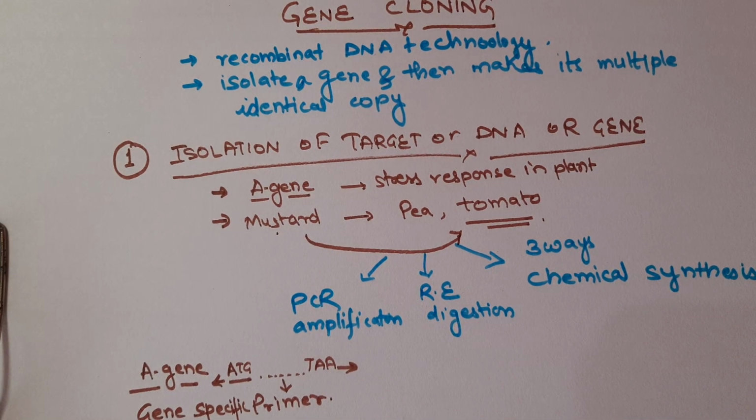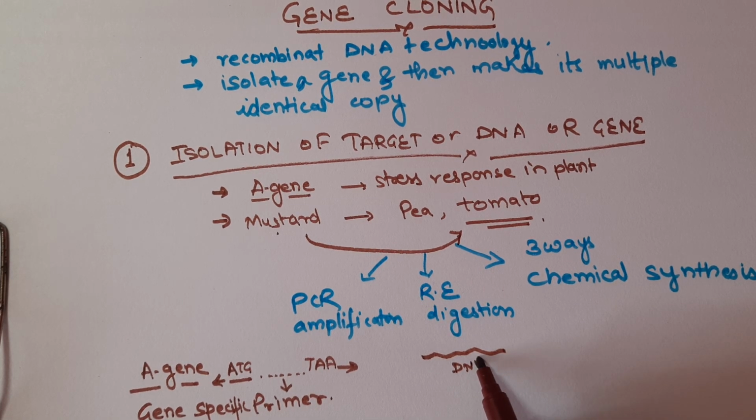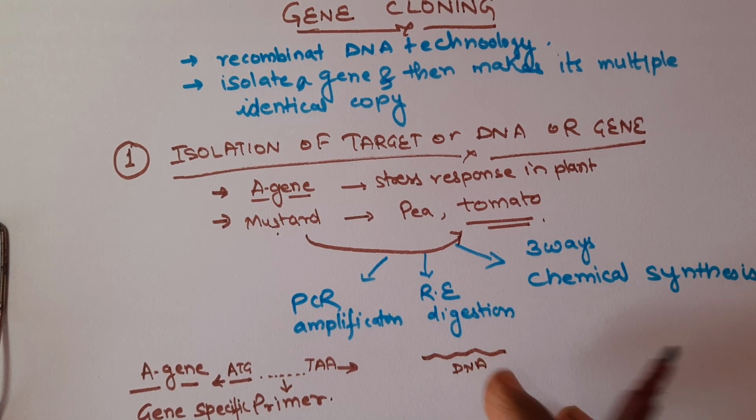The next method is restriction enzyme digestion. If our gene of interest is located within a DNA fragment that has restriction sites flanking it, then we will use the restriction enzyme to cut the DNA. Suppose this is a stretch of DNA.